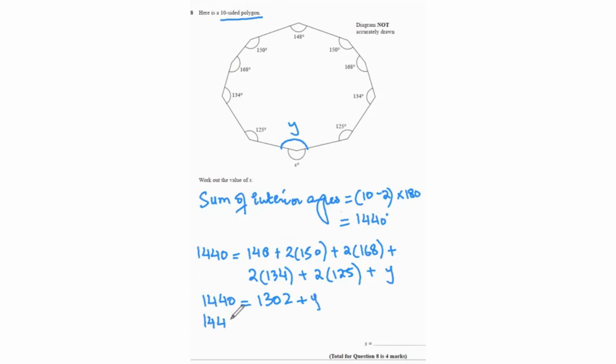Then 1,440 minus 1,302. That's 138. So now for x, it's going to be 360 minus 138, which gives us 222 degrees. That is the value of x.